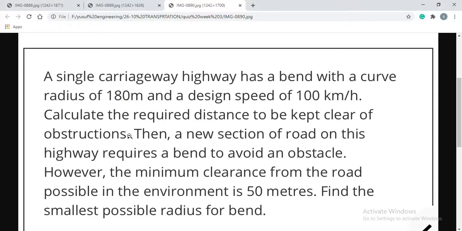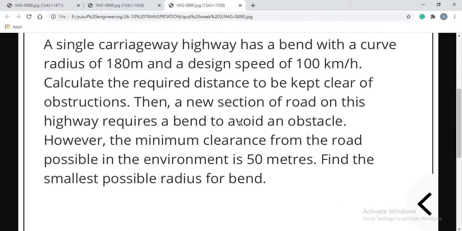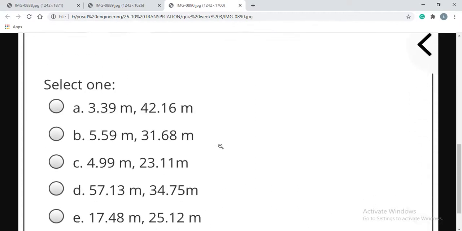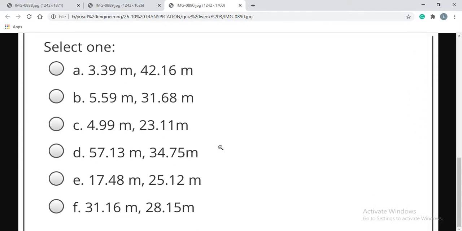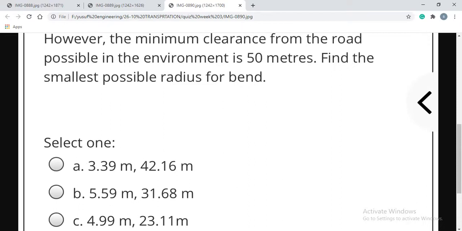So now here it is, calculate the distance required to be kept clear of obstruction. Then a new section of road on this highway requires a bend to avoid an obstacle. So two answers are here: 31.16.